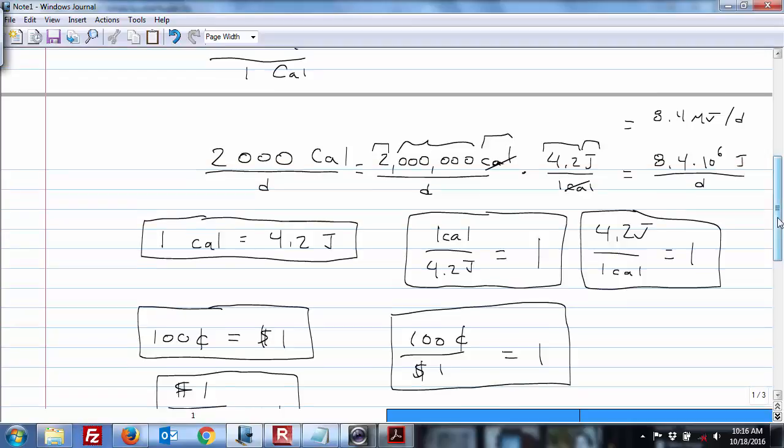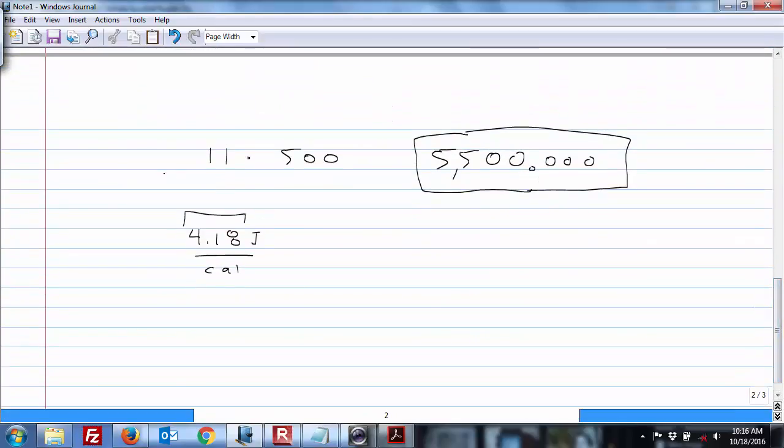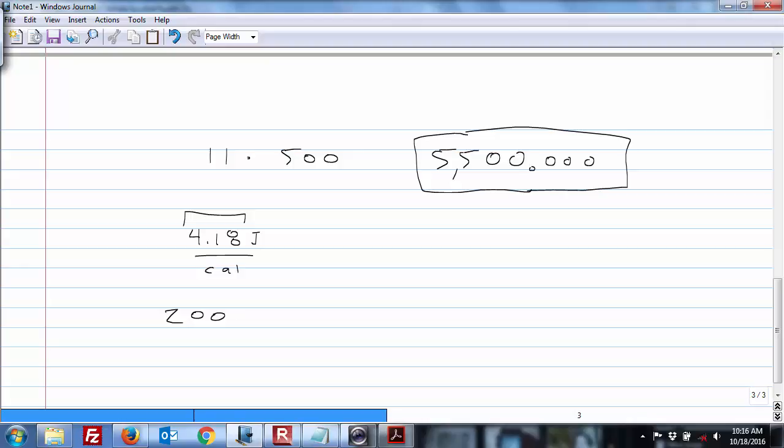Just to reiterate, in all of these problems, 3 significant digits is the standard. Even if your unit conversion is larger than 3 digits, like 1,000, absolutely, 4 digits, absolutely. Let's just do the problem like this: 2,000 calories.